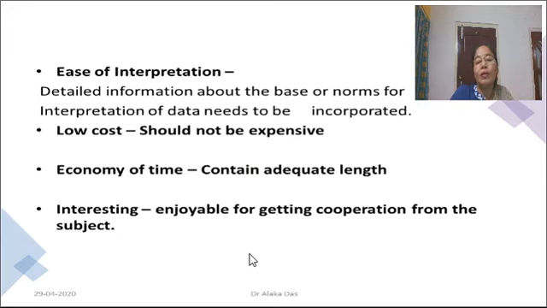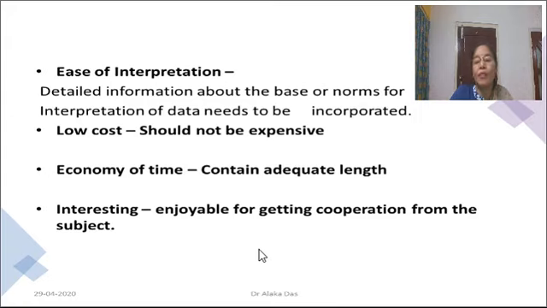It needs to be easy in interpretation. It should be less expensive. That means as the researcher is going to administer it, sometimes to a larger sample, it should be less expensive, and economy of time should also be kept in mind.